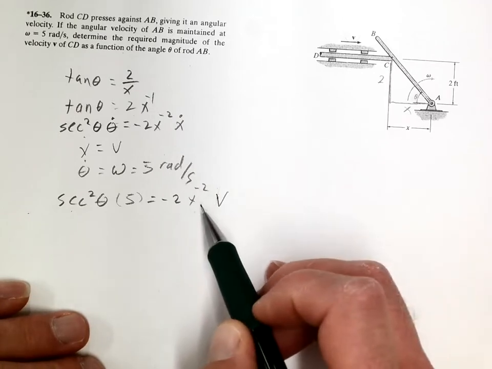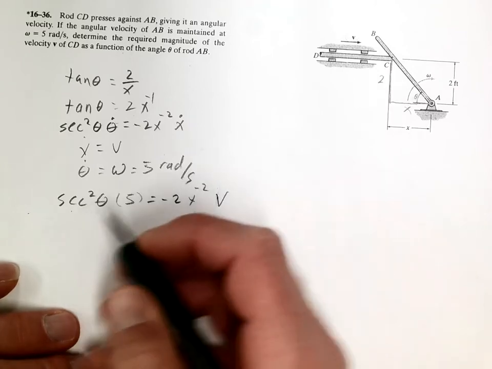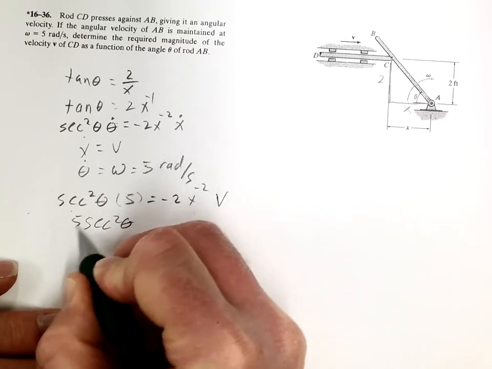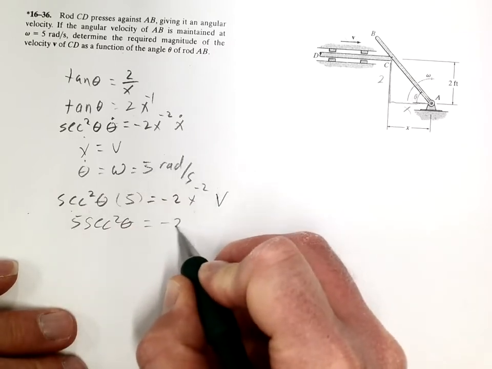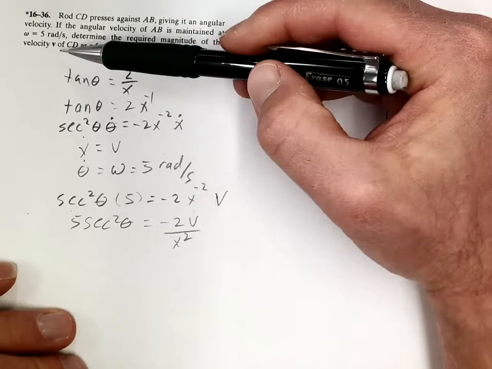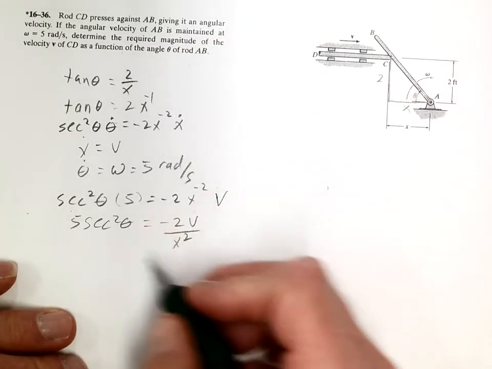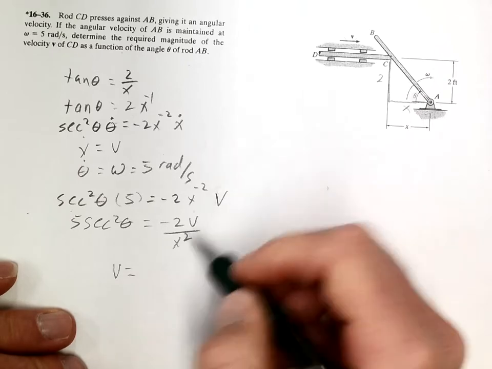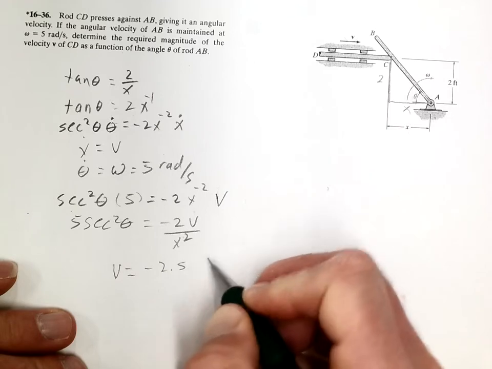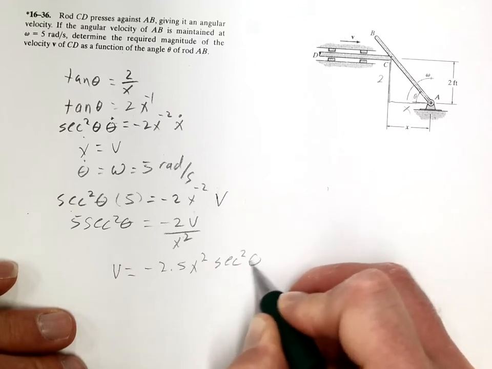We could redo this with a positive exponent there, and we get secant squared of theta, 5 out front, equals negative 2v over x squared. They want v as a function of theta, so let's rearrange with v on one side. So v, x up there, divided by negative 2, so negative 2.5 x squared secant squared of theta.